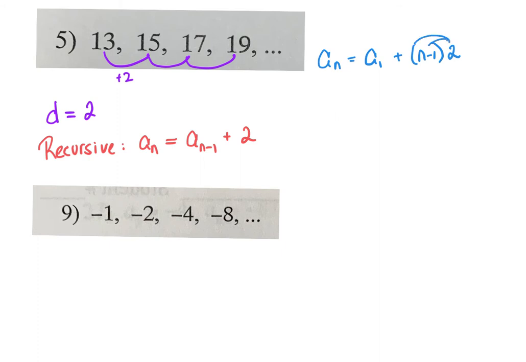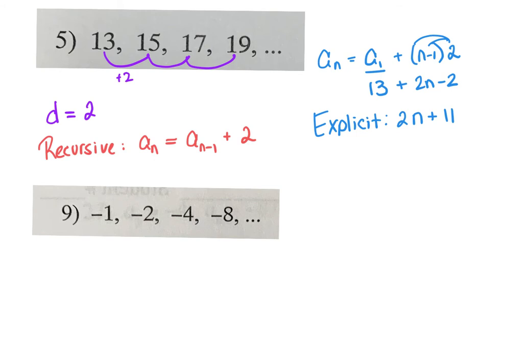And then I'm going to distribute and plug that in. So 13 plus 2n minus 2. And so my explicit is going to be 2n plus 11.